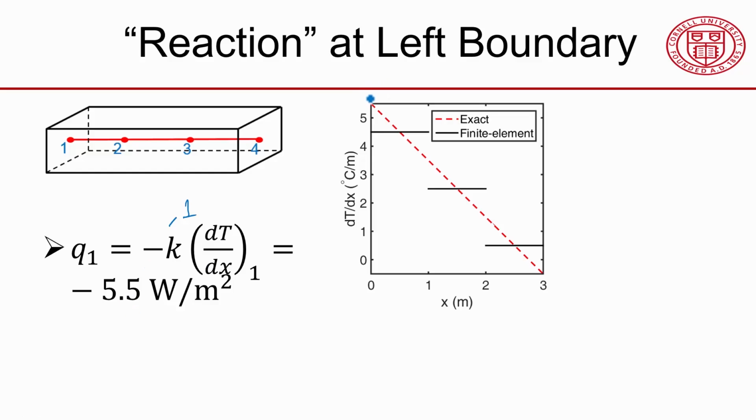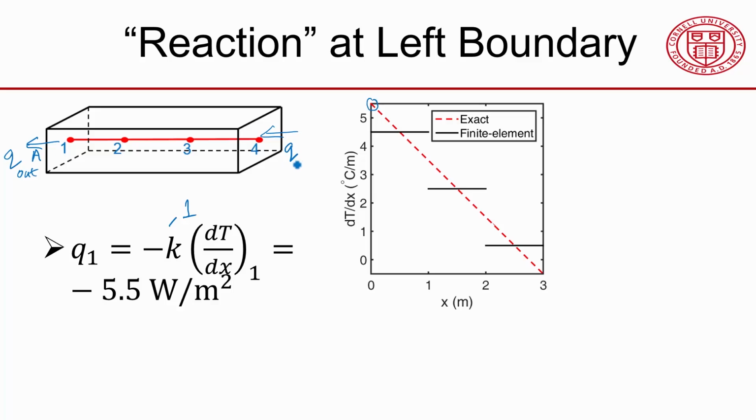And it turns out it matches exactly with what you get from the exact solution. The implication is that the reaction that I calculate matches, so it's getting Q out exactly right. And that times area is the amount of heat going out through there.